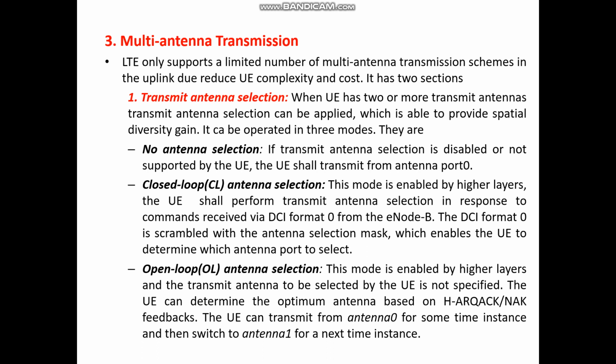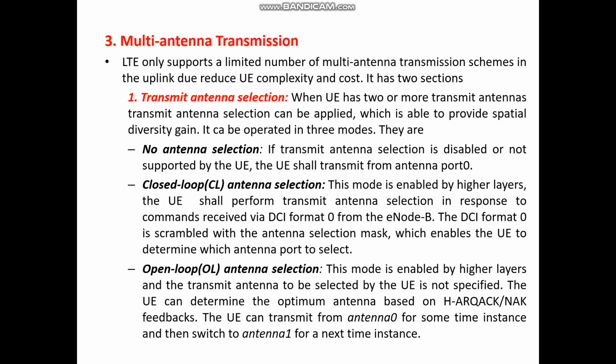In no antenna selection, the antenna selection is disabled or not supported by the user equipment. The user equipment shall transmit from antenna port 0. In the closed loop antenna selection, this mode is enabled by higher layers.